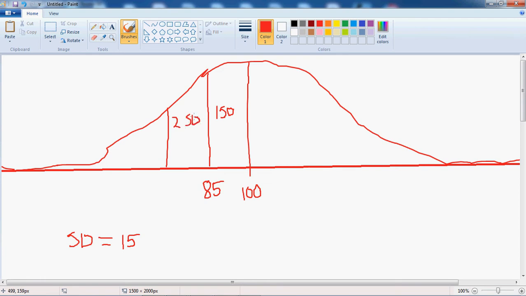So that's 15 away from 85, so that would be 70 here, because 85 minus 70 is 15. Now notice that. That's two standard deviations from 100, or 30. So one standard deviation is 15 away. Two standard deviations equals 30.